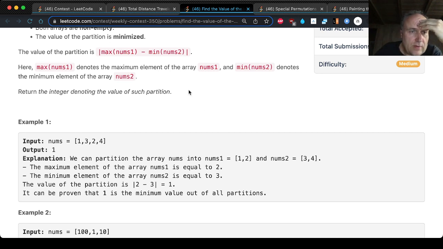And then what is value? Here max denotes the maximum element of a nums1, value of such a partition. So it's 0 and 9.